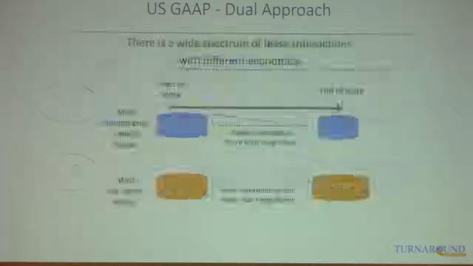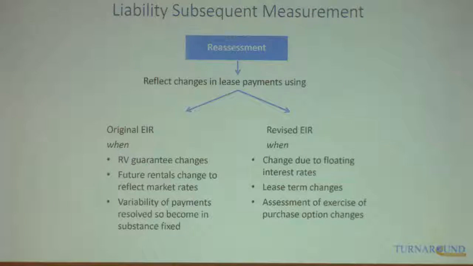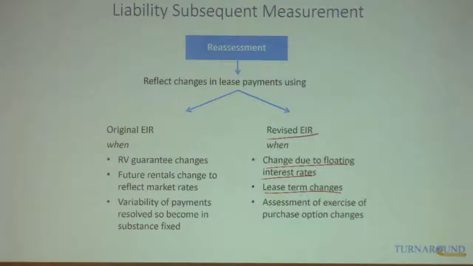Well, if I just go down a couple of slides. Where is it? So we use the revised rate when it changes due to floating rates, the lease term changes, or there's a reassessment of the exercise options.